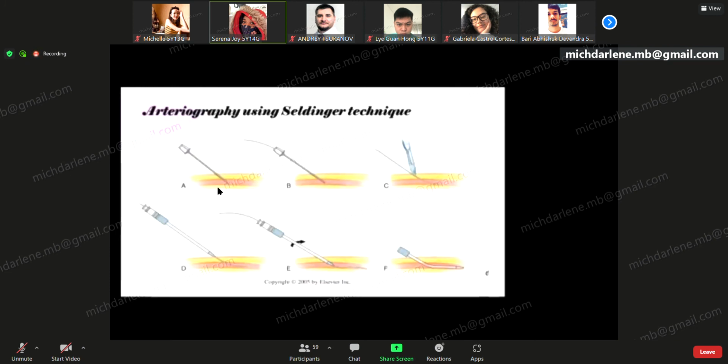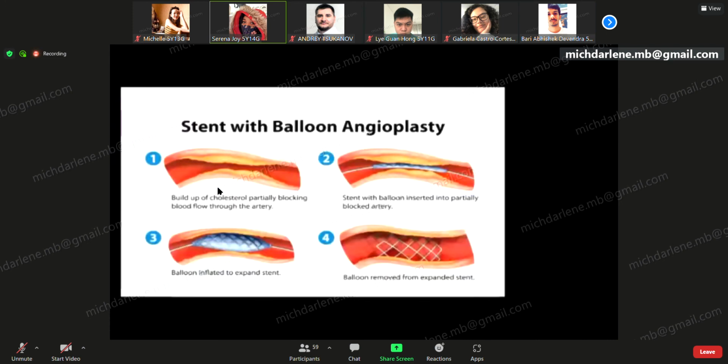And you see the Seldinger technique. We use the needle, then put in the wire, remove the needle, then we put in a special catheter, remove the wire, and leave the catheter in place for this procedure.